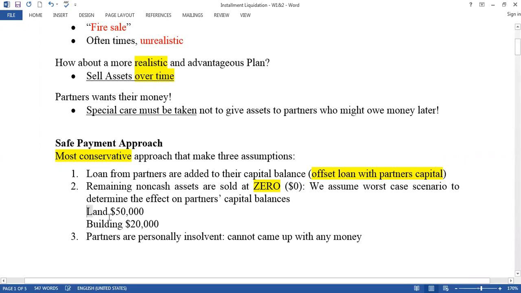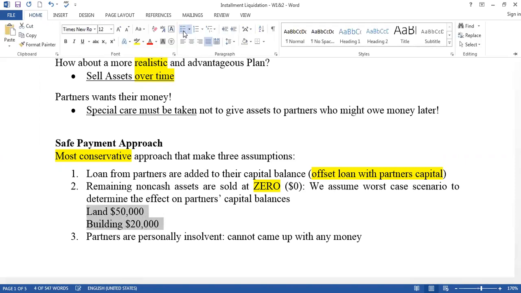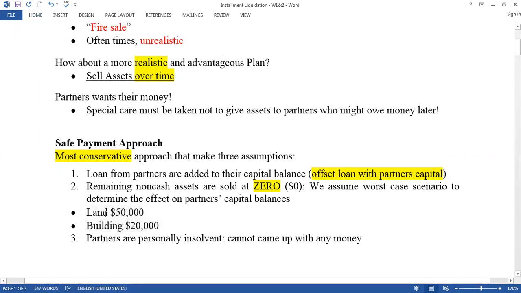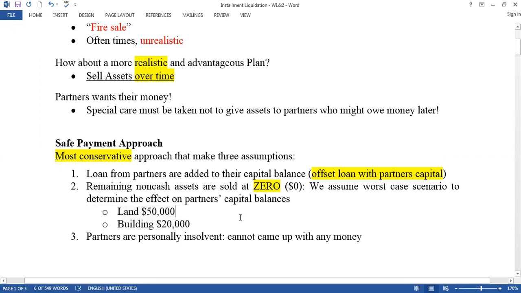This is a very, very important concept for simple installment liquidation. So these are my non-cash assets, right? Today I sell the land and receive $60,000.